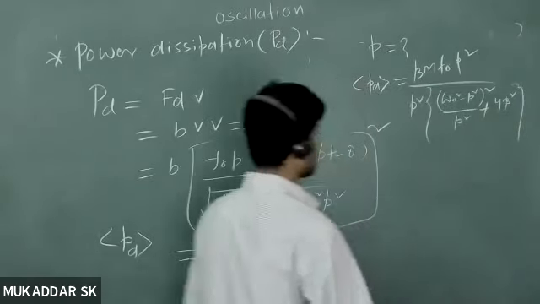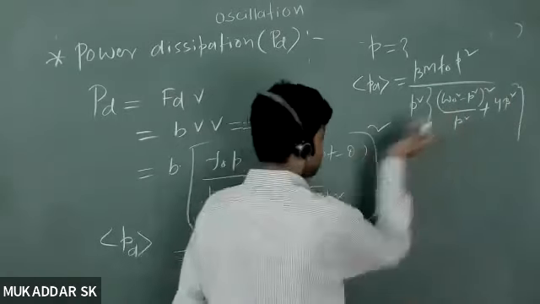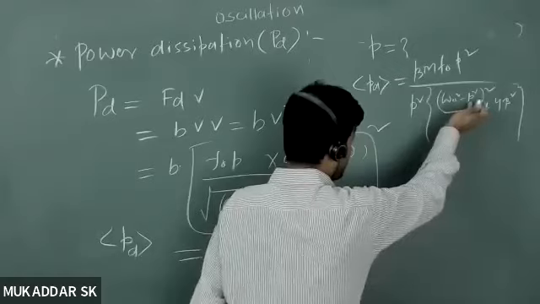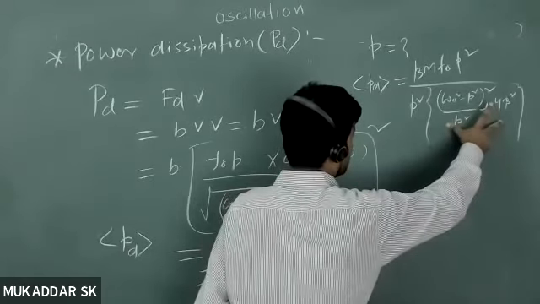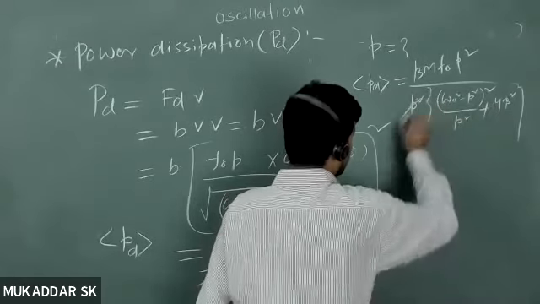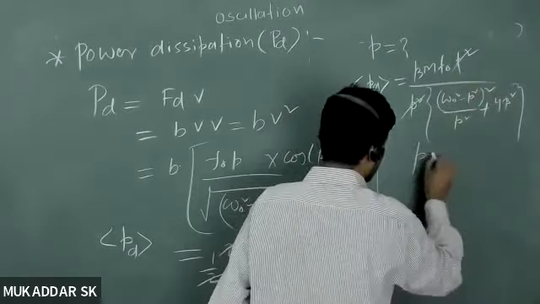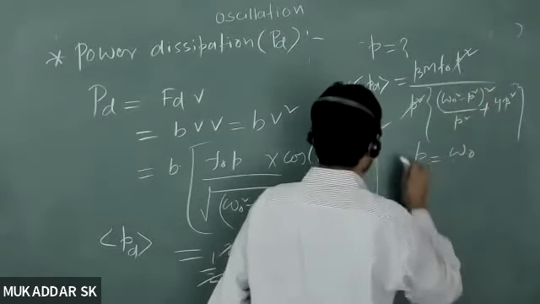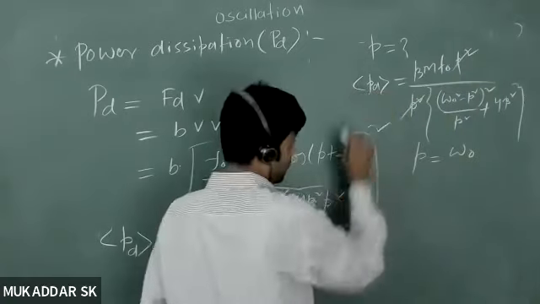So similar to the velocity amplitude, you can claim that at P equals omega naught, this function will be minimum. So I can say at P equals omega naught, the time average of power dissipation will be maximum.